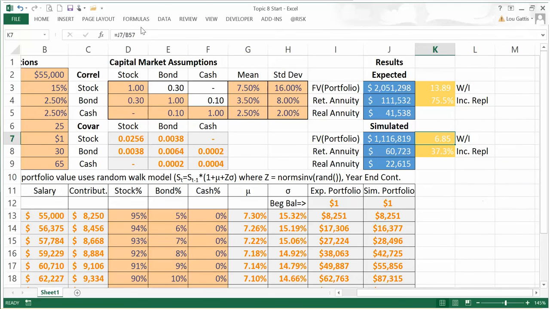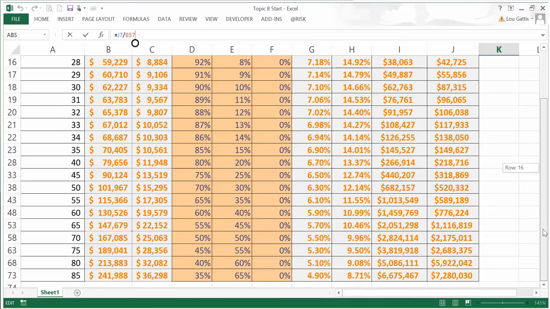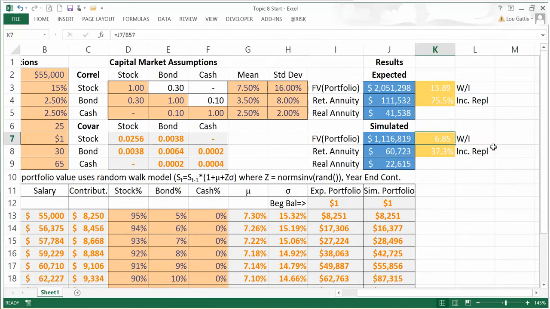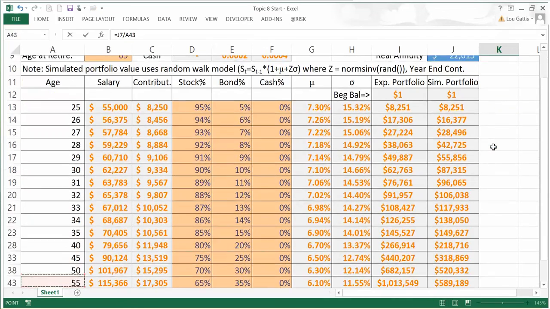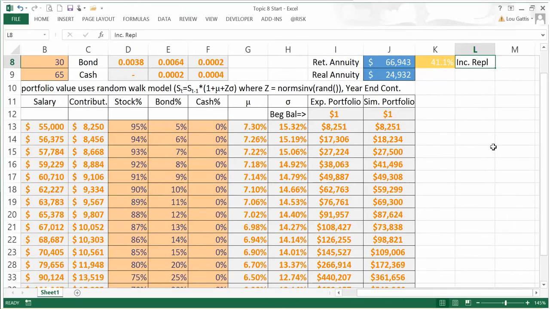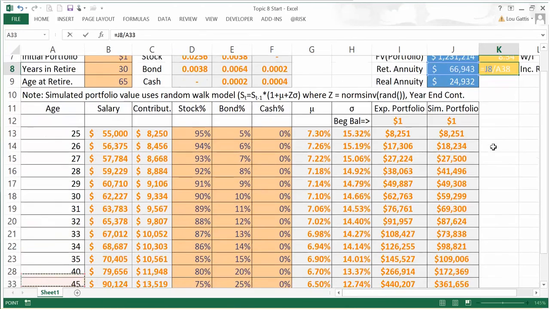Let me update these formulas here. That should be the portfolio value over age 65 income, 147. And my replacement rate, annuity divided by final year income.